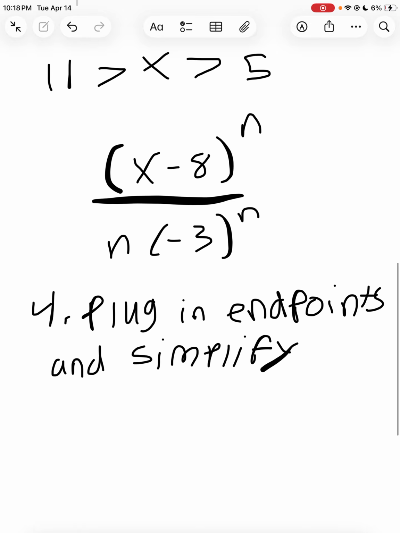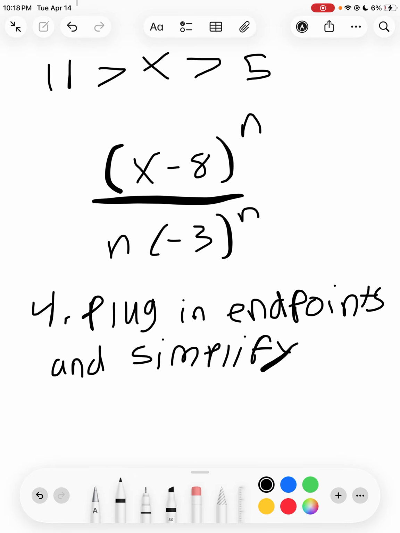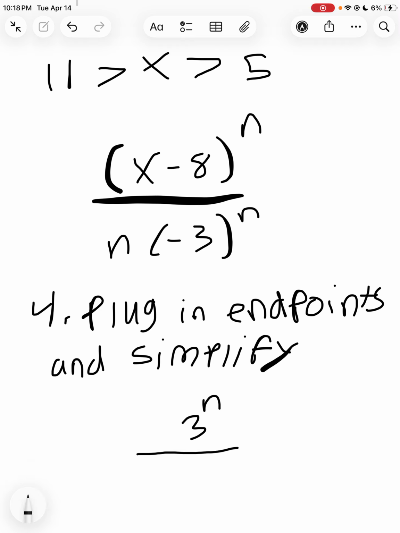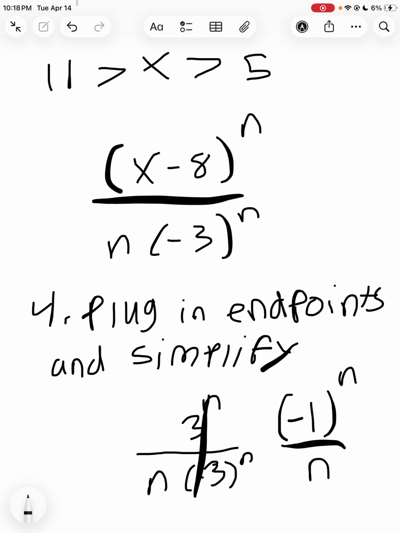So we're going to plug in 11. 11 minus 8 is 3 to the n. So we're left with 3 to the n over n times negative 3 to the n. And this becomes negative 1 to the n over n.